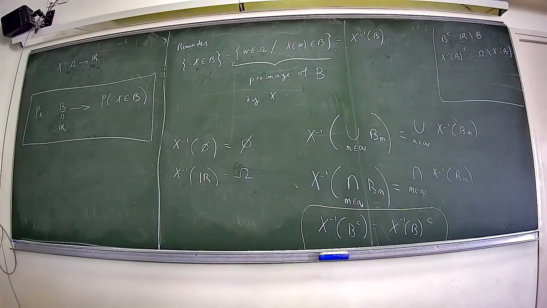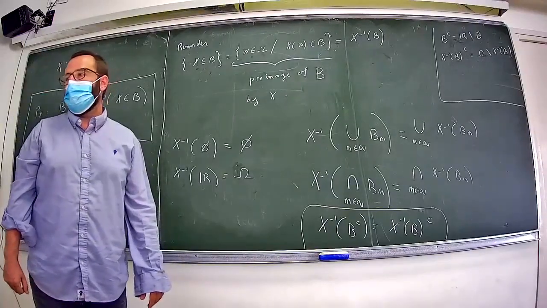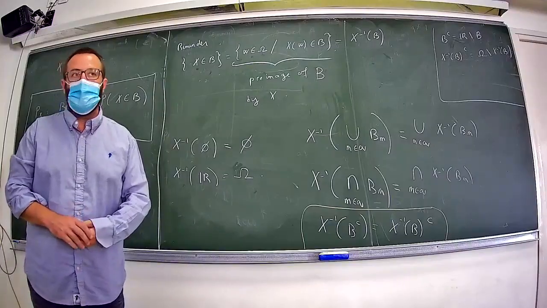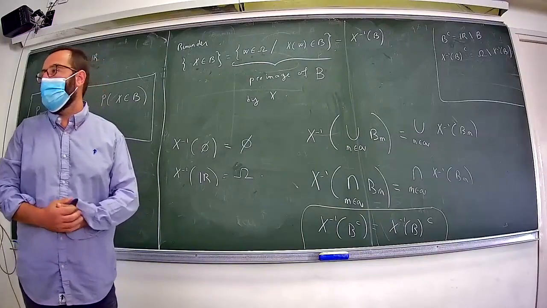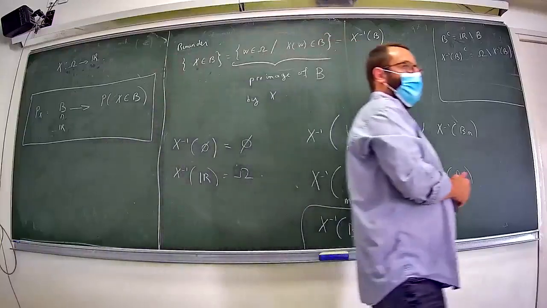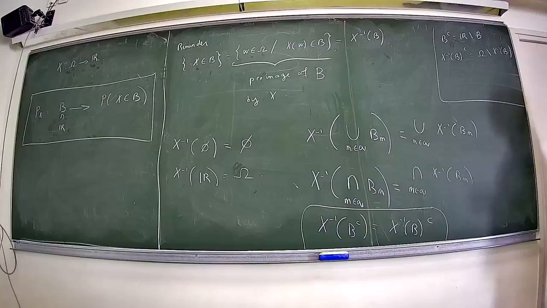So what you will have to keep in mind is that when you compute preimages of classical operations on sets, you have the good formulas. Preimage of a union is equal to the union of the preimages. Preimage of the intersection is equal to the intersection of the preimages.